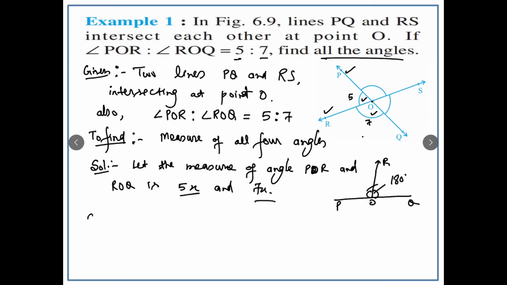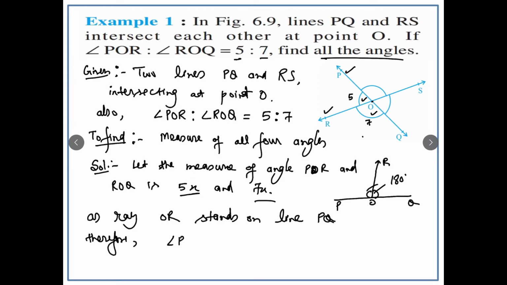Now we'll write as ray OR stands on line PQ, therefore the sum of the two angles so formed, that is angle POR plus angle ROQ, will be equal to 180 degrees.